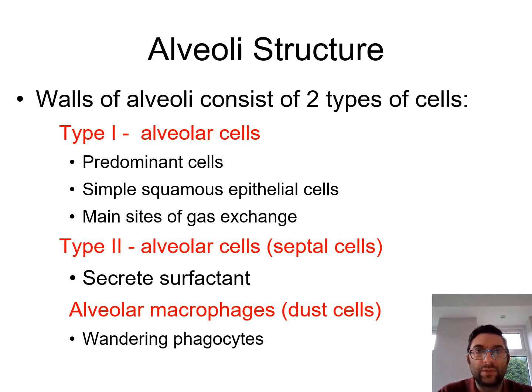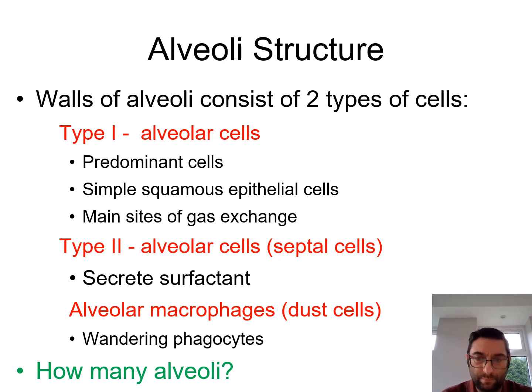The lungs themselves have a relatively large surface area, so if you were to take the lungs out and dissect them and lay them flat, it will cover approximately 70 square meters. And in terms of how many alveoli there are, typically there's around 300 million per lung, or within both left and right lungs.